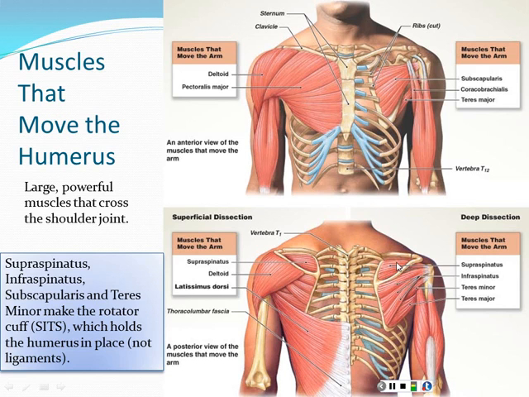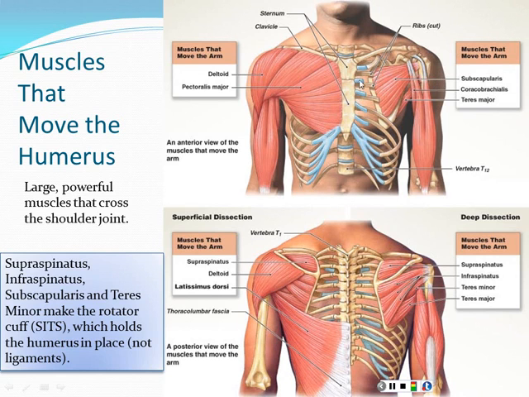So we have the supraspinatus, the infraspinatus, and then the teres minor. So these three muscles of the scapula, together with the subscapularis, form what is called the rotator cuff, which I know I've mentioned when we talked about the shoulder joint. And they get their names based on their position on the scapula.